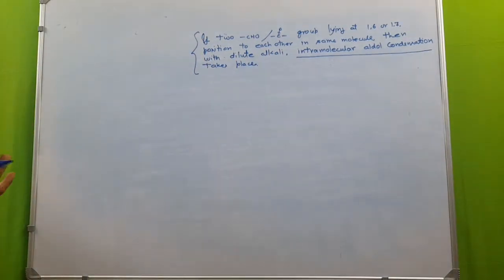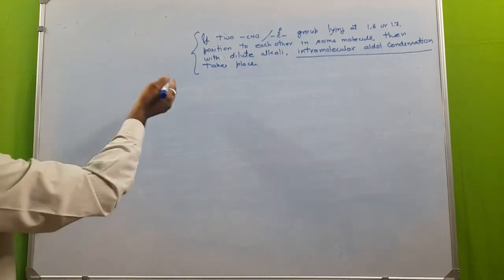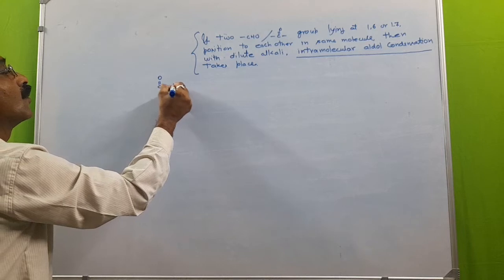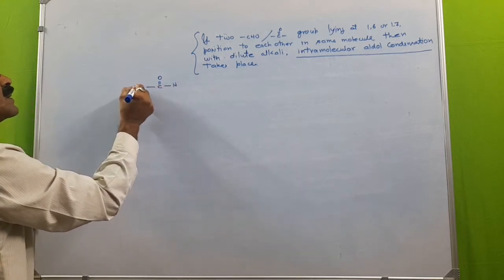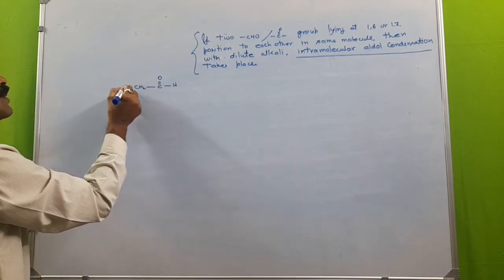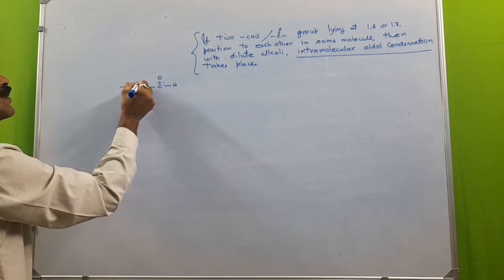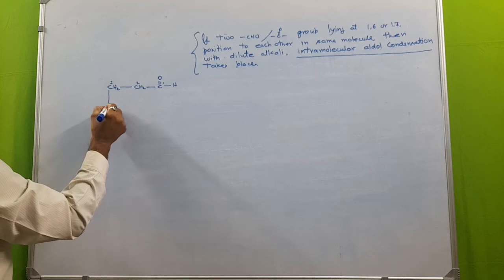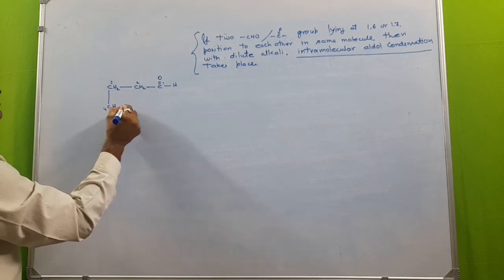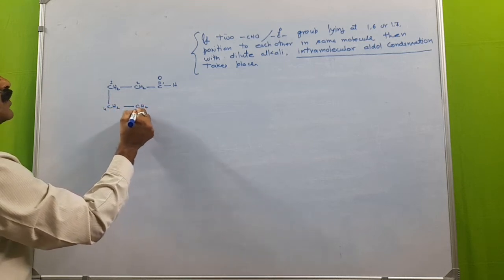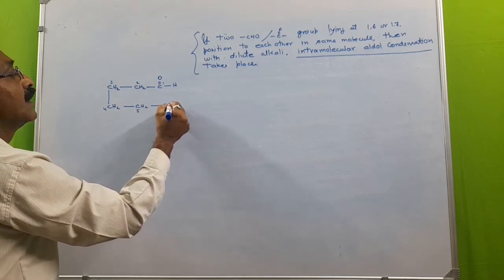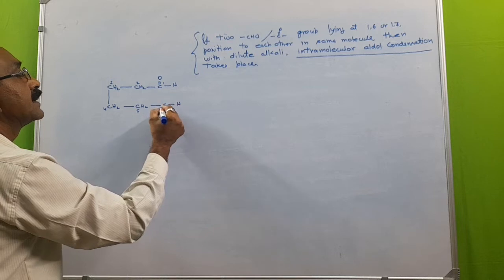See, we'll try to understand this one by taking one example. Let this be C double bond OH. Here it is CH2, and this is 1, 2. Here it is CH2, 3, then CH2, 4, then CH2, 5, and then CHO, this is 6.